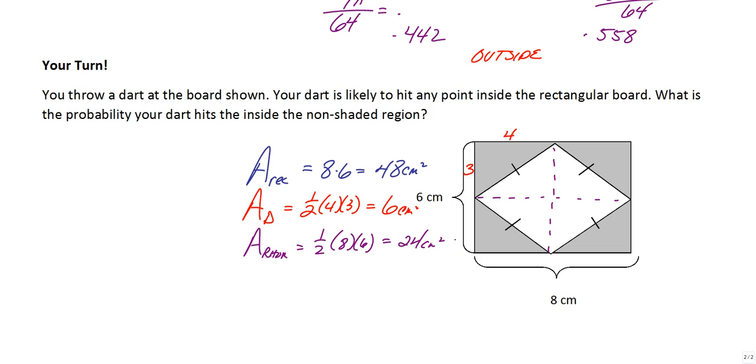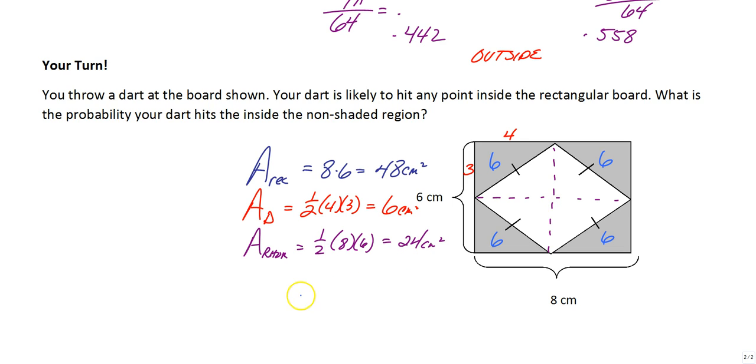So here's the thing. You only needed to do the red or the purple. You did not have to do both of them, but you can if you want to. The full board, this whole playing board, is 48. For the area of the white space, you'll find that this is 6, this is 6, 6, and 6, which means the area of the shaded region is 24. That means the white region is also 24 because we found the rhombus.